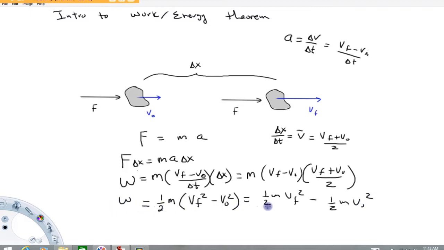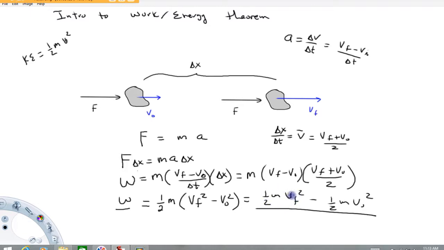So this equation is now saying the work is equal to this expression. Well, these terms, 1/2 m v final squared and 1/2 m v initial squared, these are what are called kinetic energy terms. In general, kinetic energy is calculated by taking 1/2 mass times the velocity of a system squared.